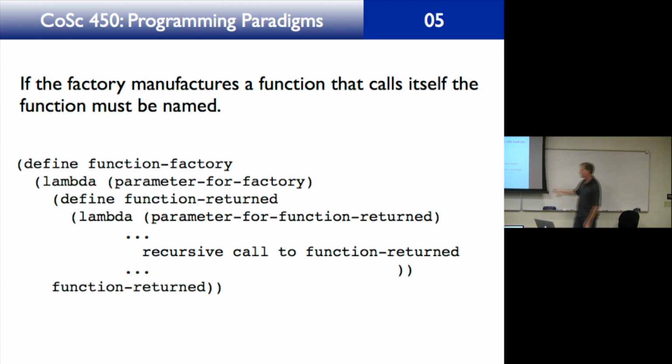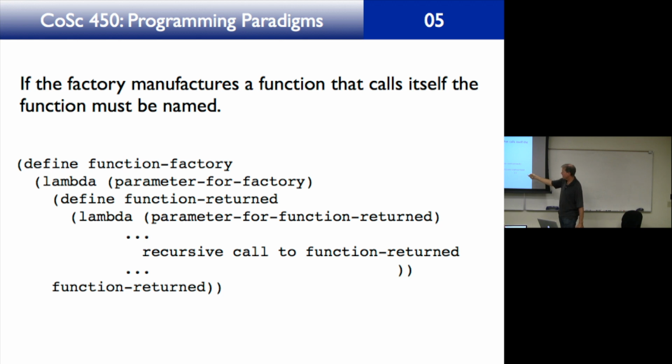And then we're going to have some more code here, and somewhere down in this code, we're going to have a recursive call to function returned. And then after the end of this, when we close out the parentheses, does everybody see that this last parenthesis is going to correspond to this define?